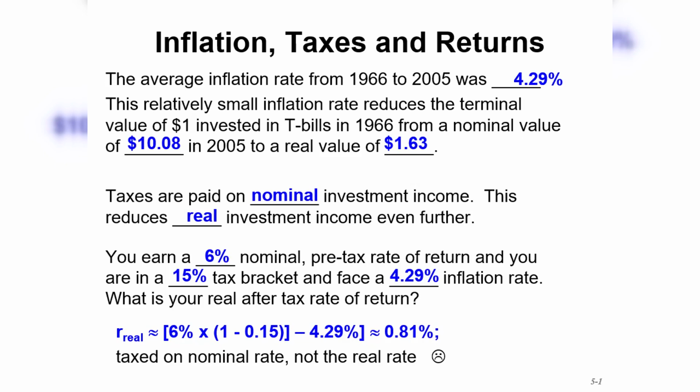And remember, you pay taxes on the nominal return. So if you're earning 6% and you fall into the 15% tax bracket and inflation is 4.29%, your real after-tax return is a whopping 0.81%. It's a sobering reality.